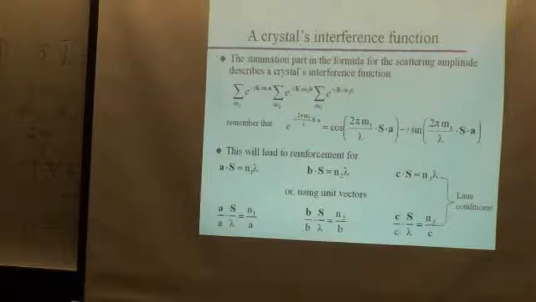Okay? Same holds true for the sum over here. If this b times s happens to be an integer times lambda, you will get a sum that is not 0. And the same holds true for the third one.